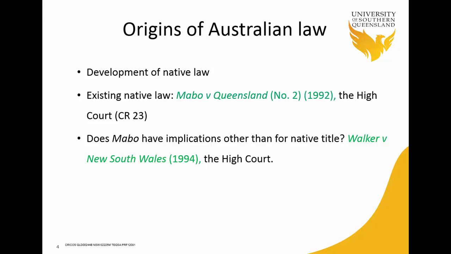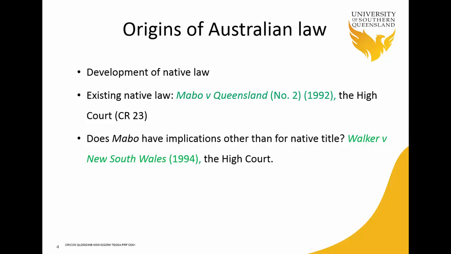The second objective, to get us to Mabo, which you see on this slide, talks about discussing the development of Australian law. We said that the origins of our Australian law started with bringing 750 convicts to Botany Bay on the 18th of January 1788.